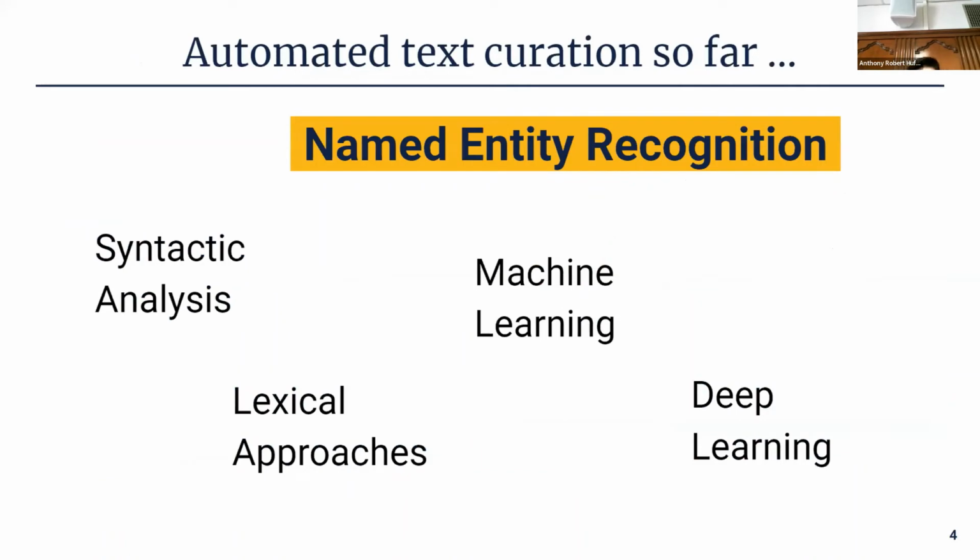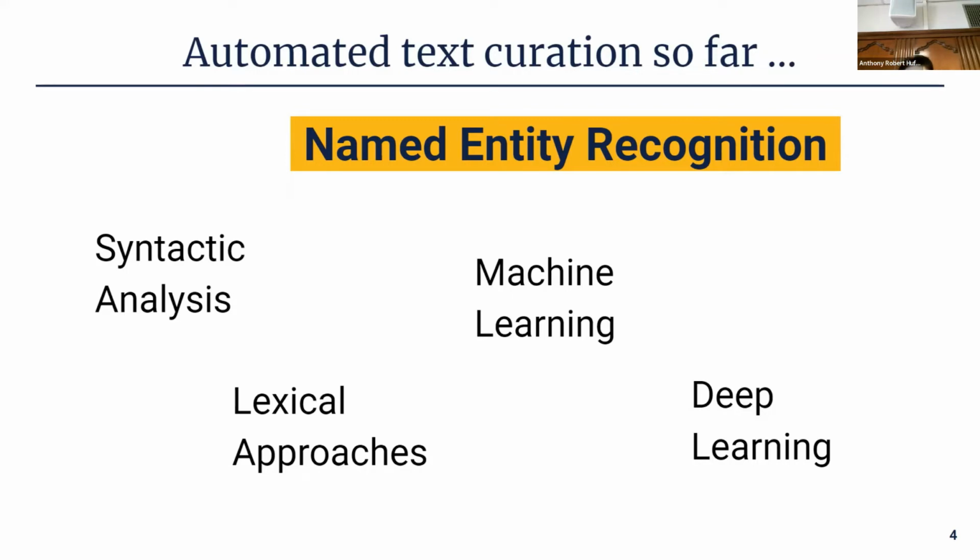So previously, for automated text curation, there were approaches like syntactic analysis, lexical analysis, and traditional machine learning to do all of these annotations. They were generally not efficient or not accurate in the sense that most of them were rule driven, and they were not able to annotate concepts that they had not seen in the training data.